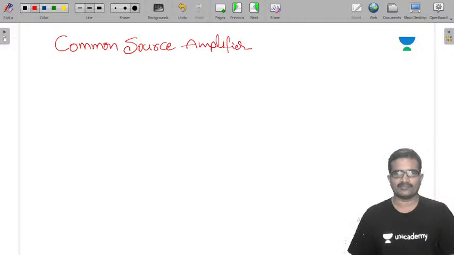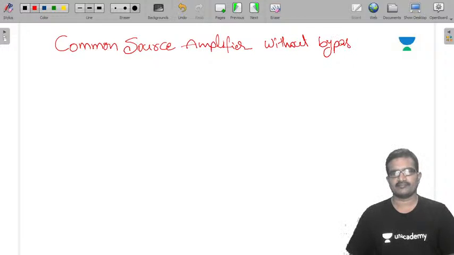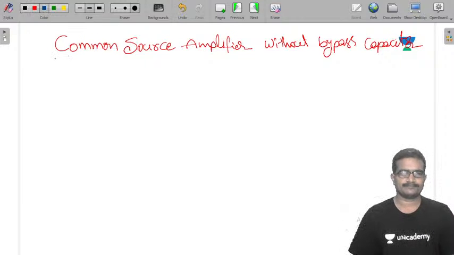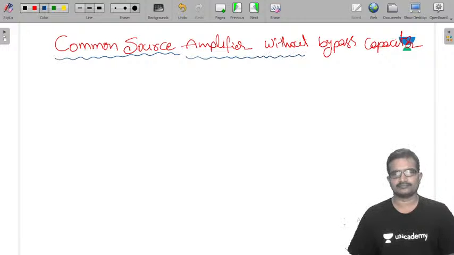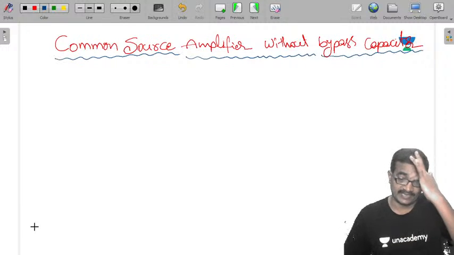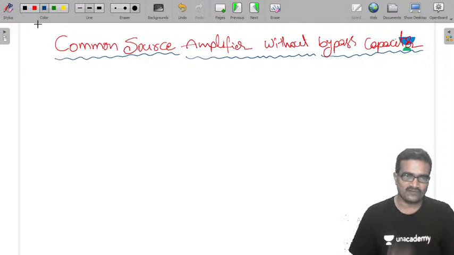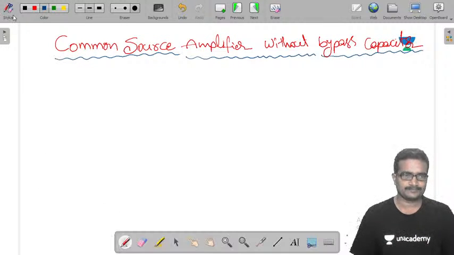Common source amplifier without bypass capacitor. First I am going to draw the circuit diagram.